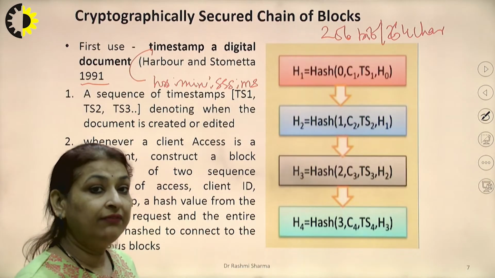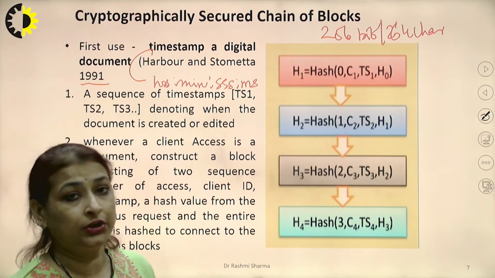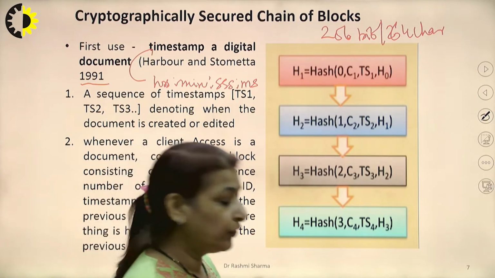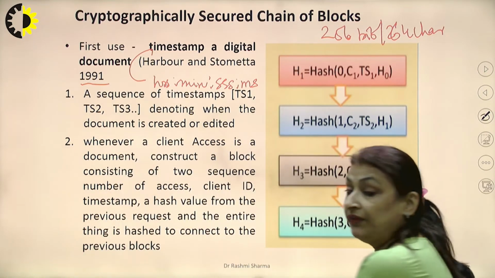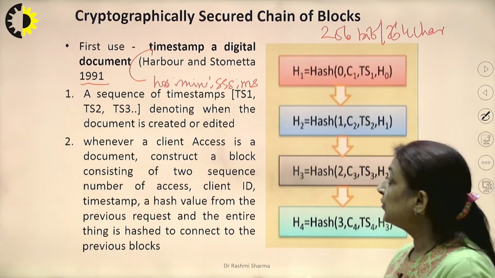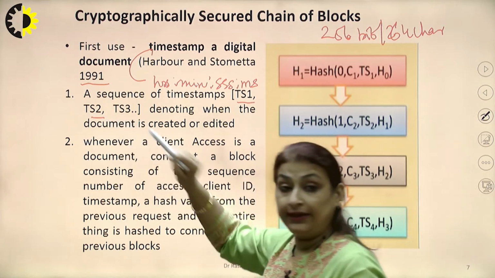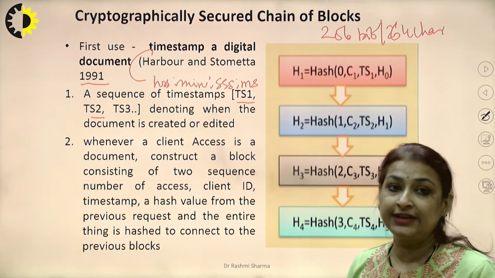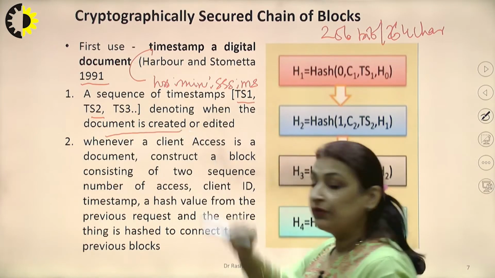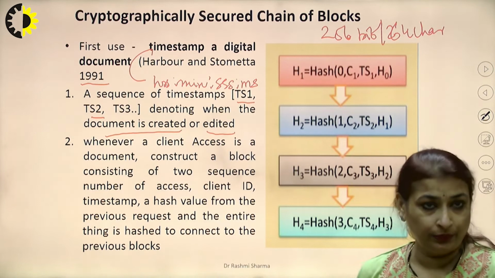Similarly, the timestamp was attached to this digital document, first used in 1991, and it was used in cryptography for securely sending messages. A sequence of timestamps, TS1, TS2, where T stands for time and S stands for stamp, denotes when the document was created, when it was edited, and who did that.